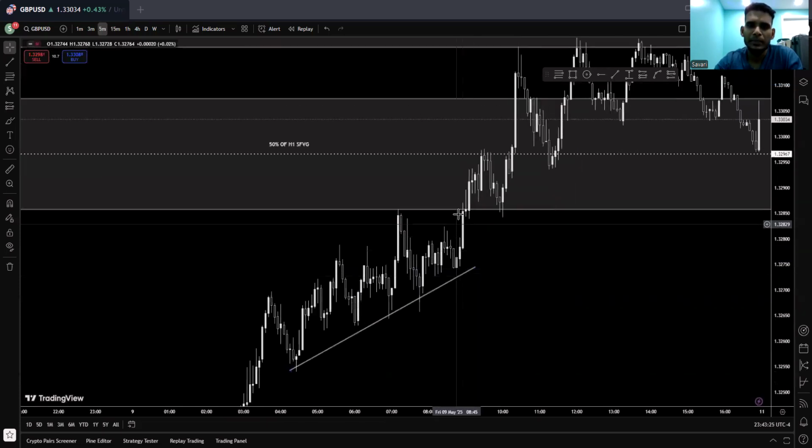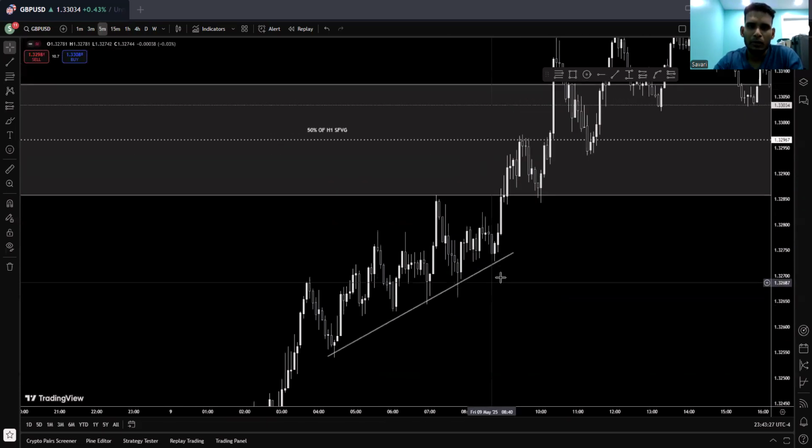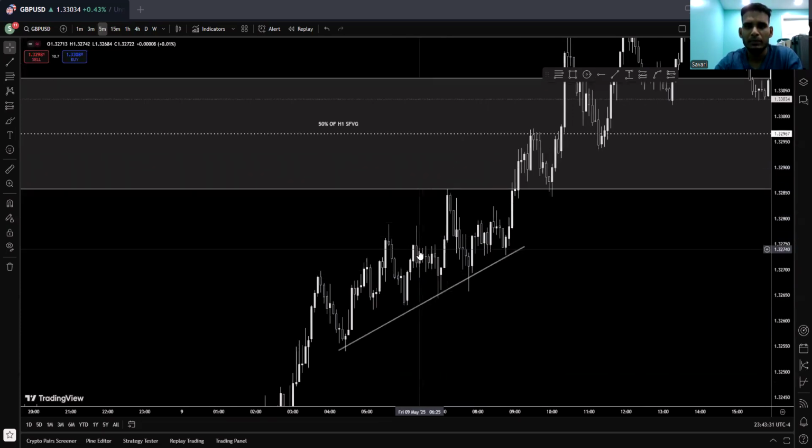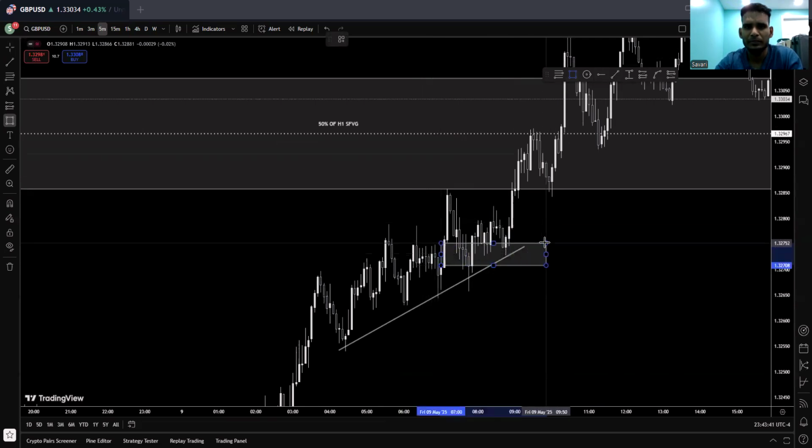Once the price, after this accumulation, gives a structure shift to the upside with a big displacement, it leaves this fair value gap. So I marked out this fair value gap in the 5 minutes right here. This is the 5 minute fair value gap.